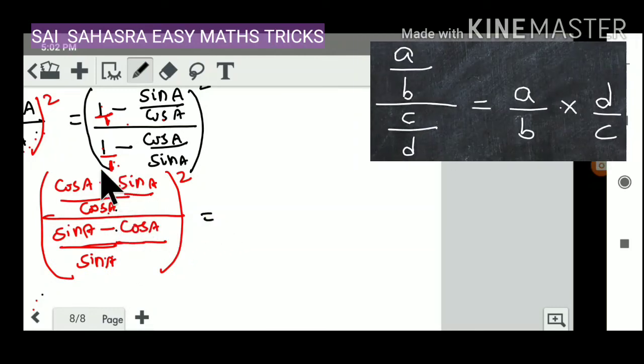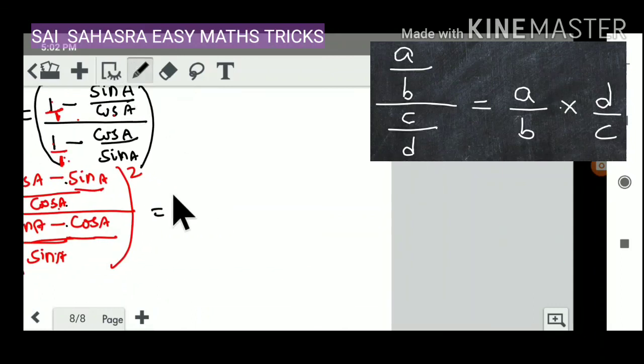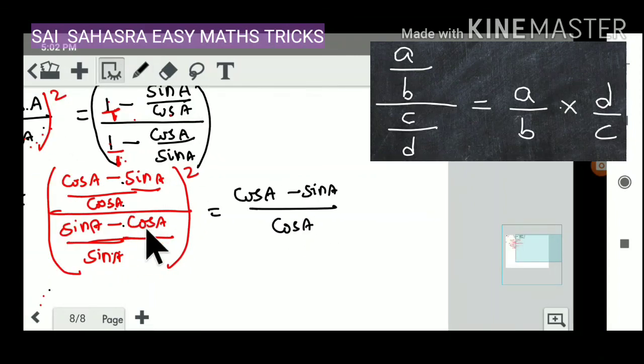Further, it can be written as the first fraction as it is, cos A minus sin A divided by cos A. The second fraction, we have to write the reciprocal, sin A minus cos A by sin A reciprocal. Numerator will be denominator, denominator will be numerator. Sin A will go here, sin A minus cos A will come down.